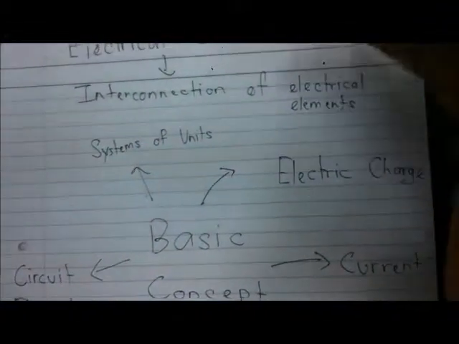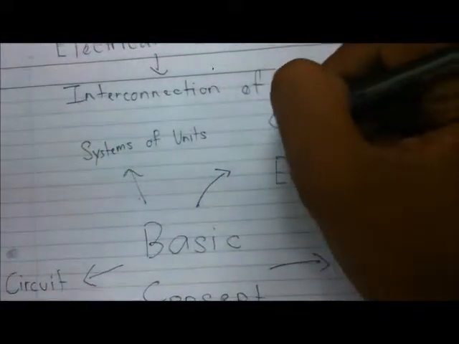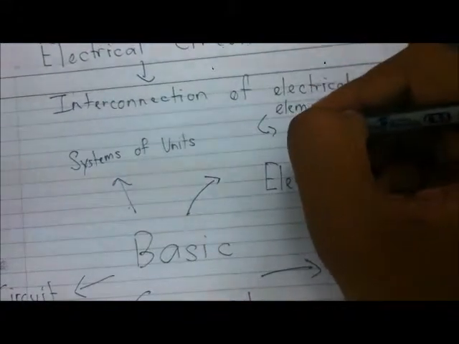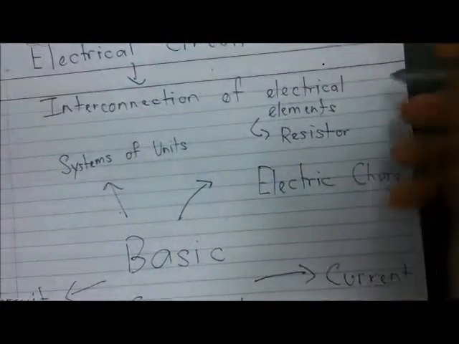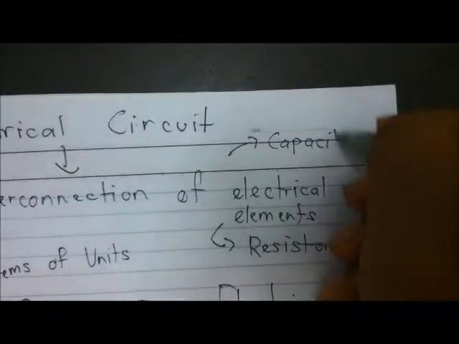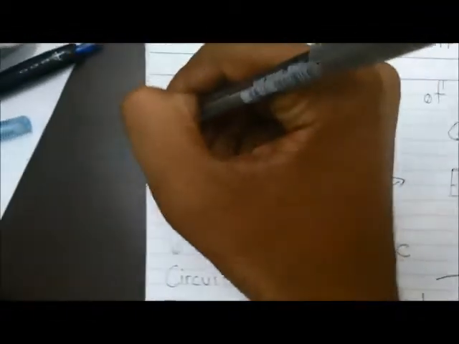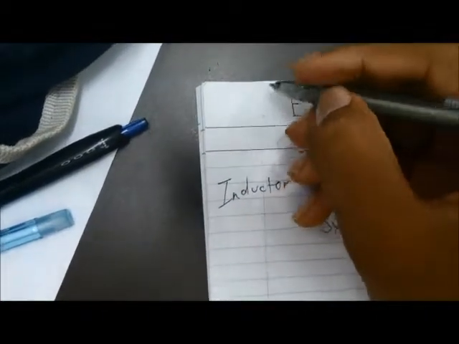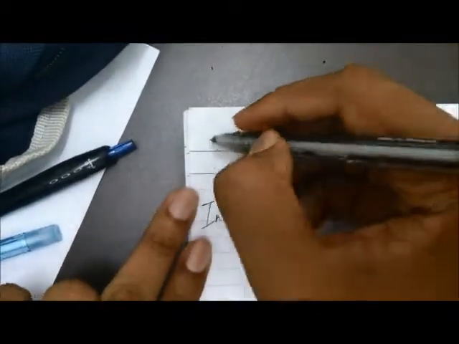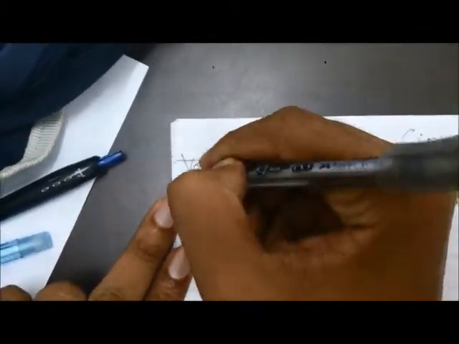As an example, the components that we use in the electrical circuit are basically resistor, capacitor, inductor, and other sources like voltage source or current source.